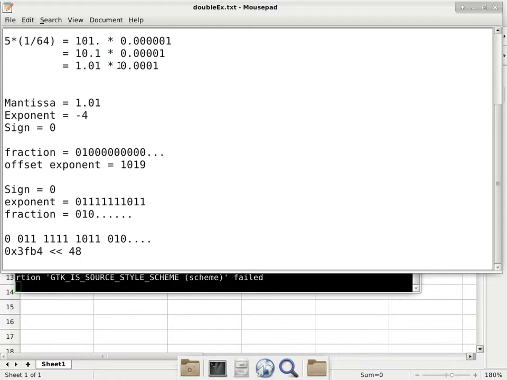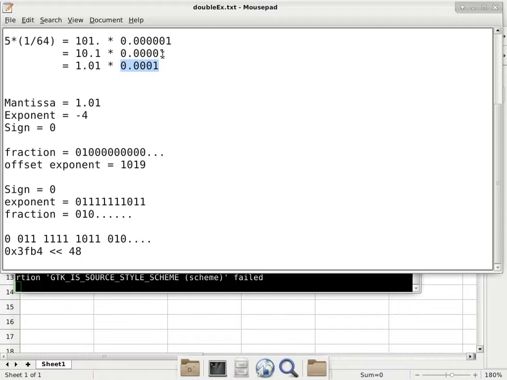And the rest I can compensate by adjusting the exponent, or the power of 2 that I'm multiplying. Are there any questions about how I ended up with 1.01 times 0.0001 in binary? So this is not in decimal, everything is in binary on that side. Any questions about this part?